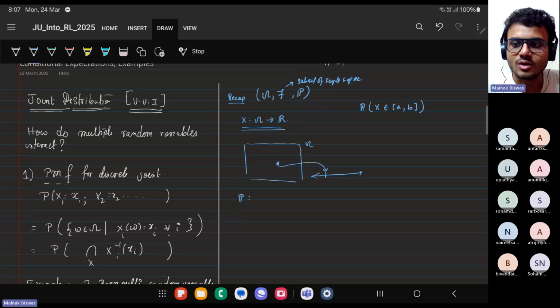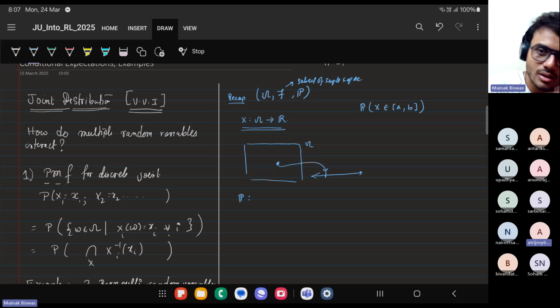From where to where is the probability function defined? Does anyone remember? From the sample space to 0 to 1. Okay, correct, very good.